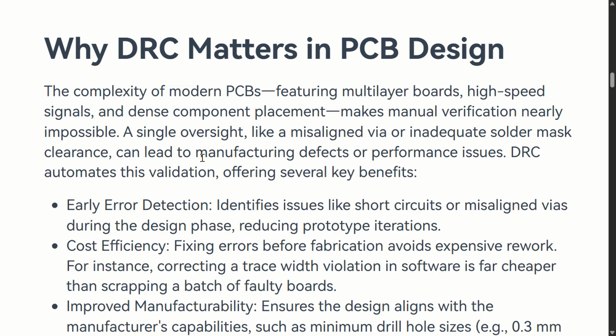So if the spacing is less than 0.15 mm, even though in your design the two copper traces are not overlapping, at the time of manufacturing, due to machinery limitations or lack of accuracy, there is a high probability of the traces overlapping. That's why DRC validation is introduced.